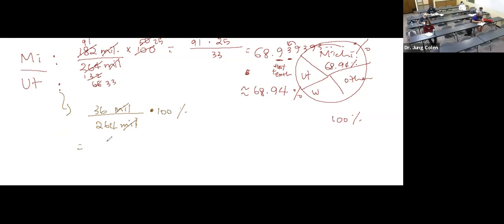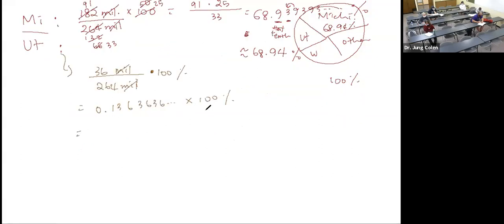36 over 264, let me find that out for you. So 36 divided by 264, you get 0.1363636 times 100%. What would you do here? Times 100. You need to move the decimal point to the right by 2.